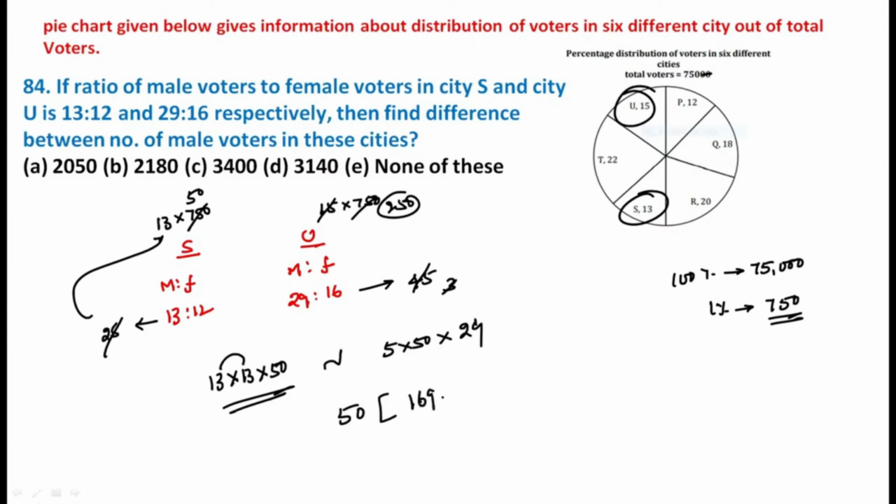So 13 13s are 169 minus 29 times 4, and then 50 is multiplied with the 40. Now you can get that answer, 2500 minus 2400.